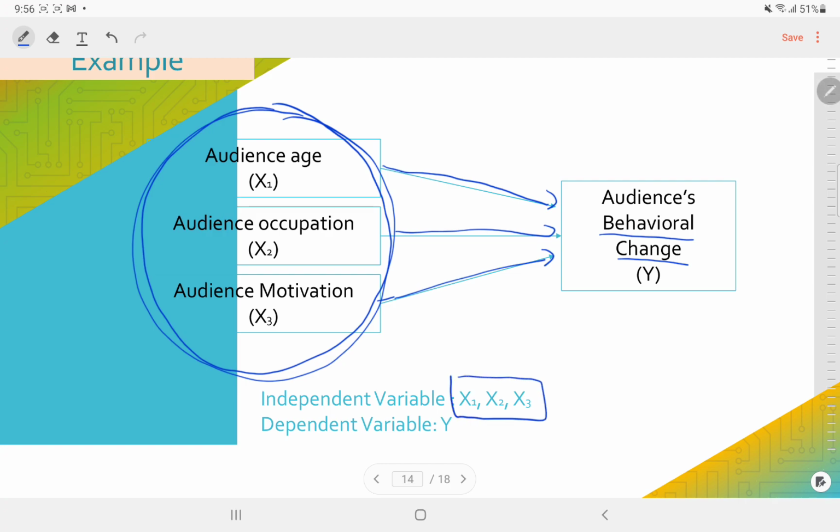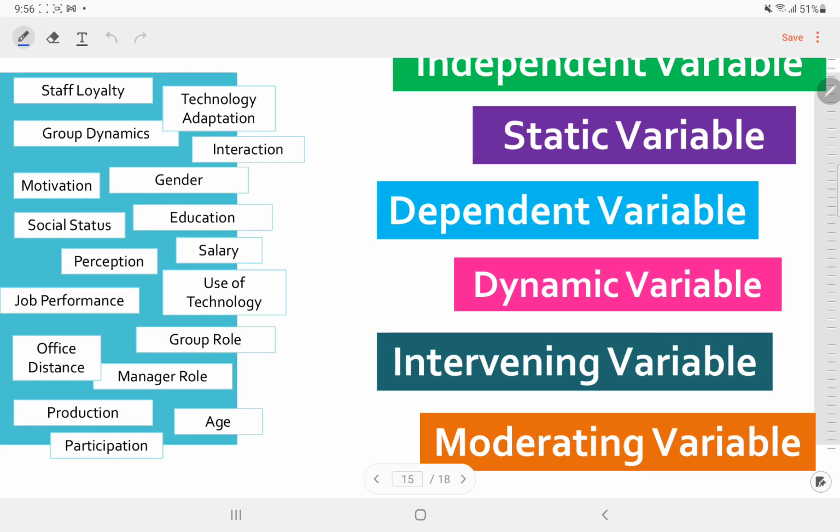These are the factors: the independent variables are factors. Okay, and the next ones. So here I have provided you some examples of these variables. It can be independent or static, so please don't be confused, because these independent variables are just the same as the static variables.